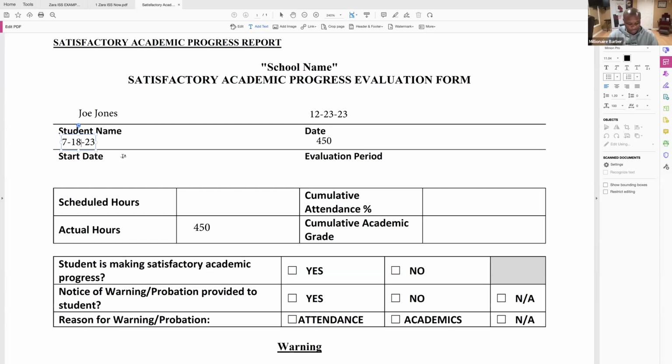October 3rd. 12. 10. 13. 17. 14. 24. 15. 31. 16. November 7th. 17. 14. 18. 21. 19. 28. 20. December 5th. 21. 12. 22. 19. 23. December 26. 24.